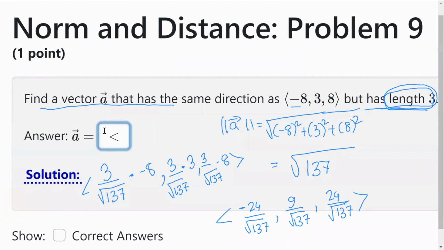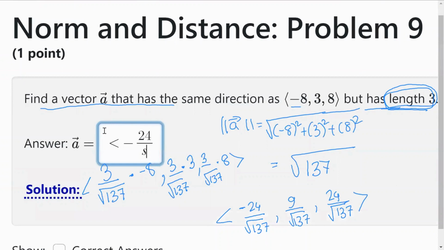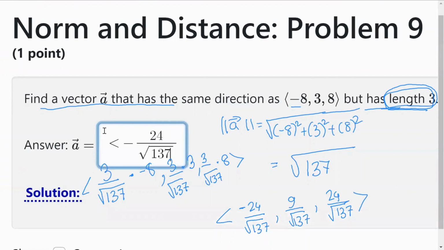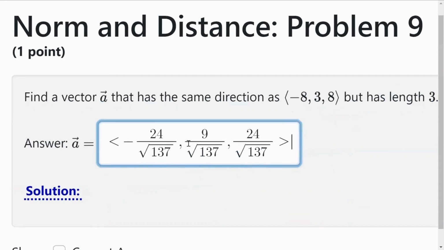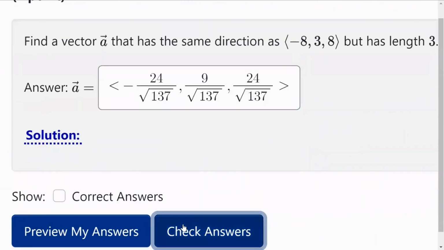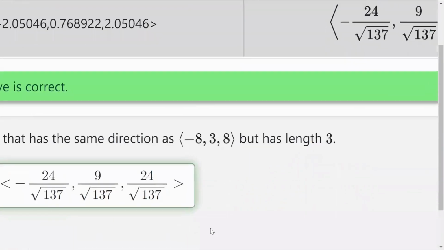If I check my answer, let me clear my drawings, you can see my answer is correct.